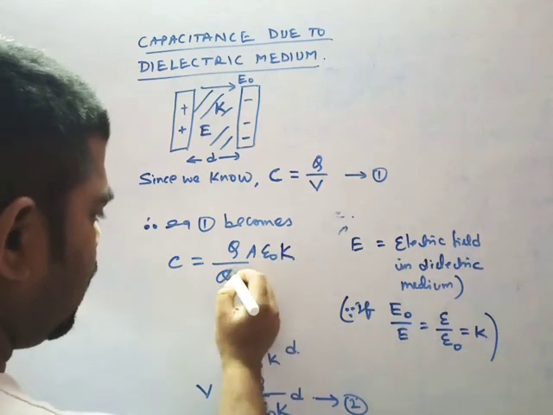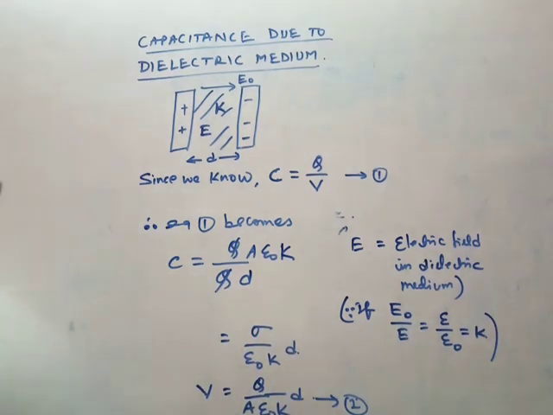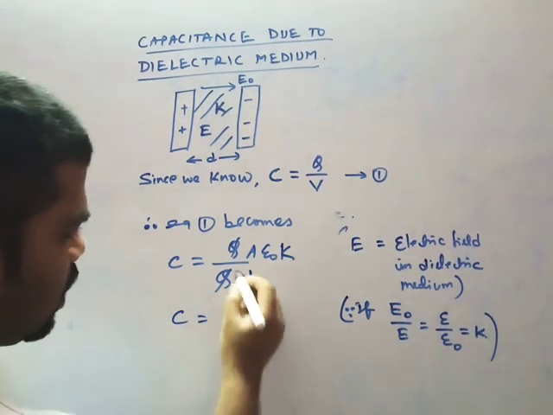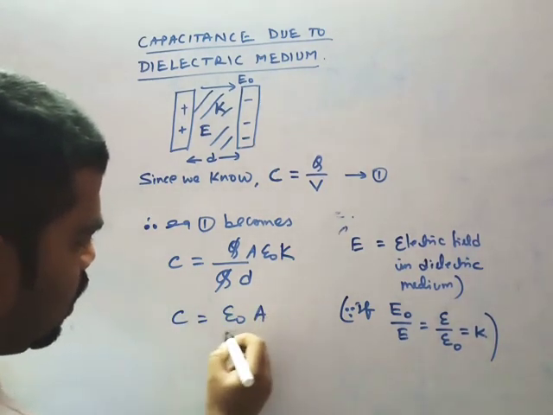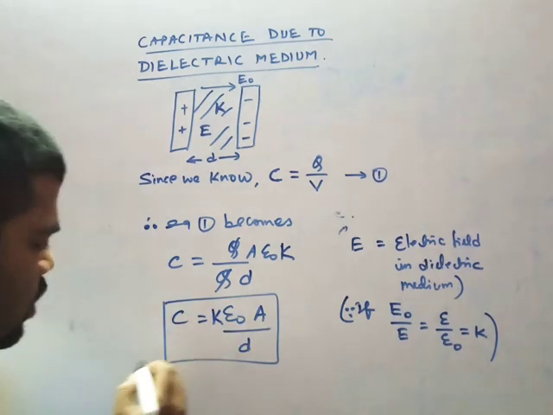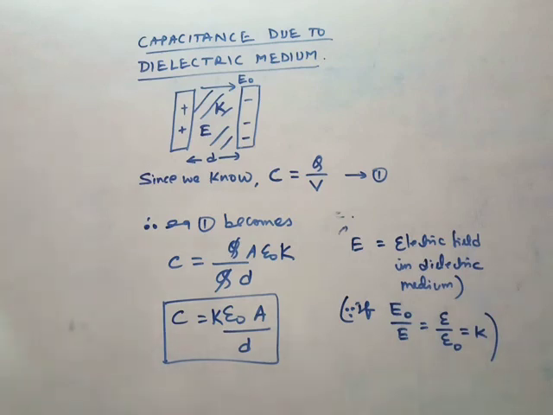K and D cancel. So your formula becomes C is equal to K epsilon naught A by D. Look carefully at this. So this is the formula.